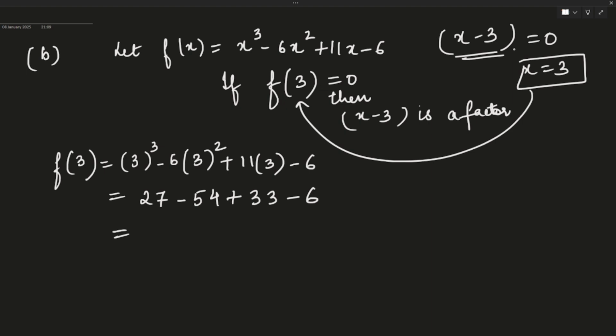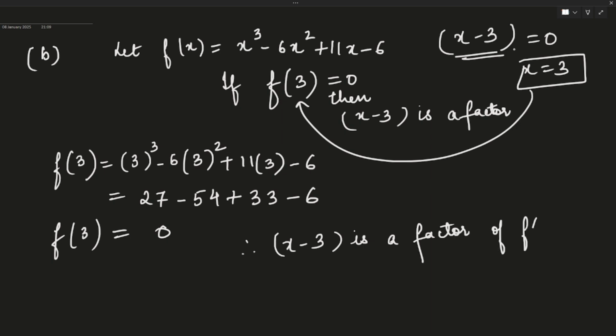When you solve this, you'll get 0. So f(3) equals 0. Now since f(3) equals 0, therefore x minus 3 is a factor of f(x), which is our polynomial.